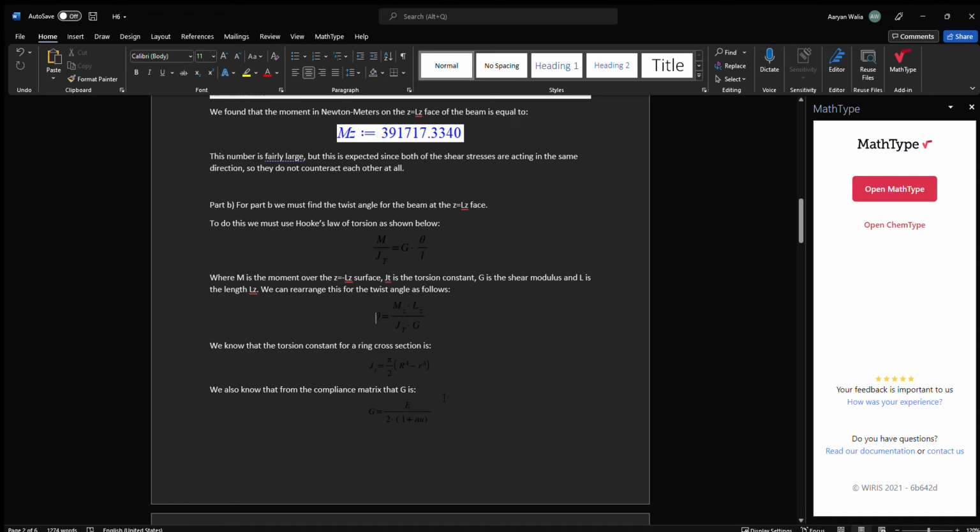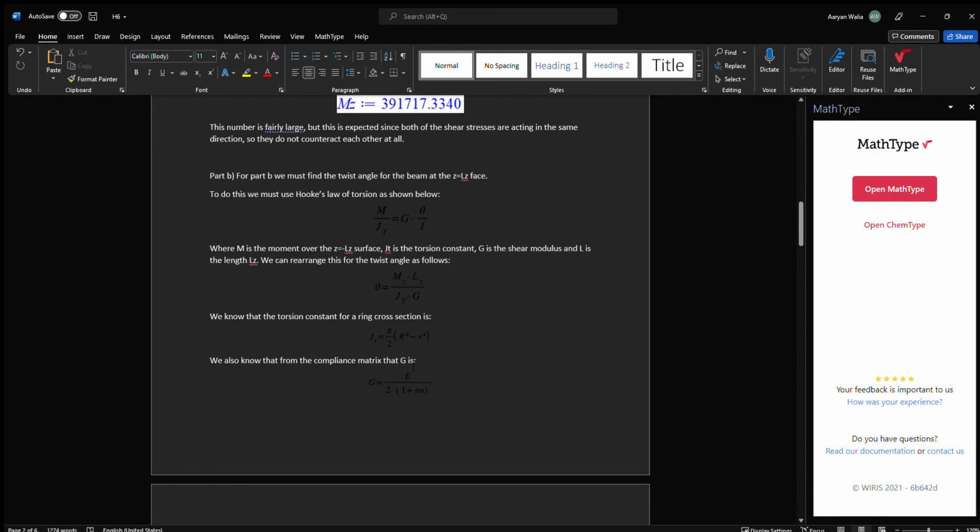The torsion constant for a ring is going to be pi over 2 times the outer radius to the power of 4 minus the inner radius to the power of 4. And we already know that the shear modulus is related to the Young's modulus by this equation. So we can plug that in, and we'll find the twist angle in Maple.